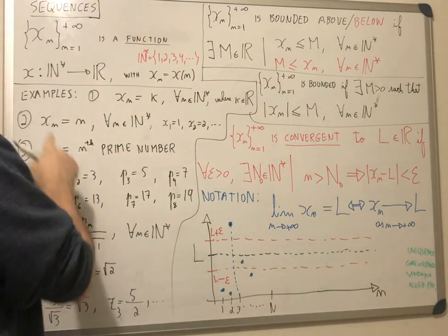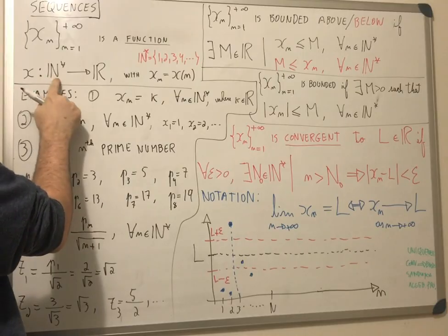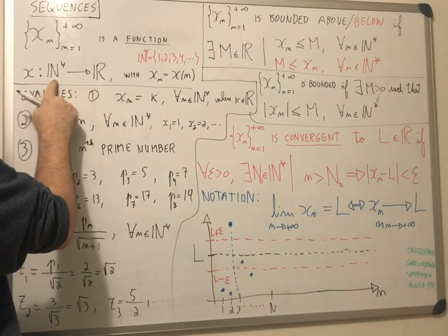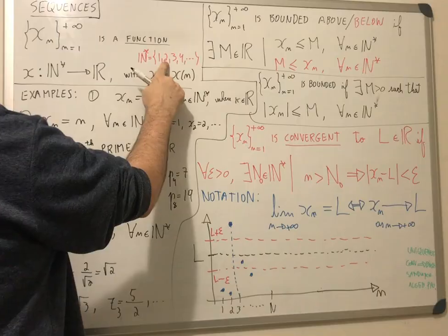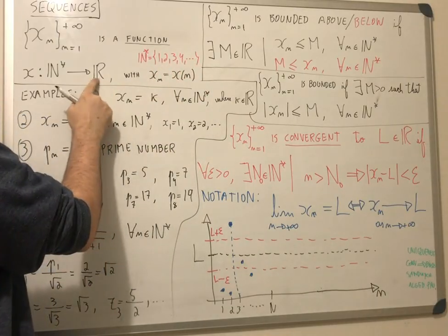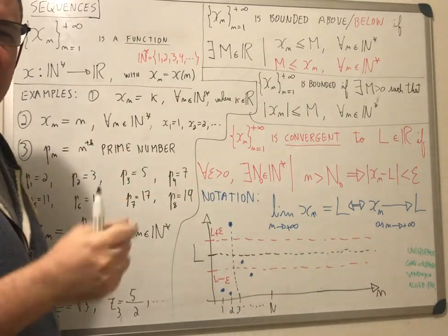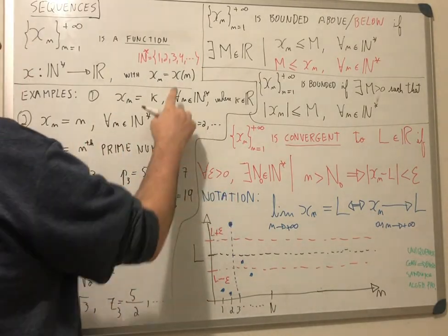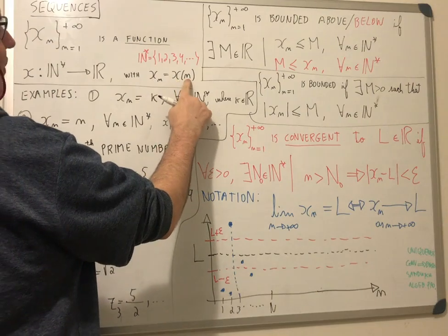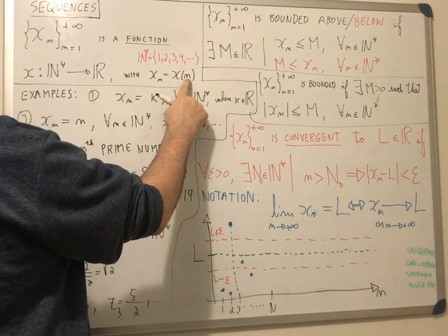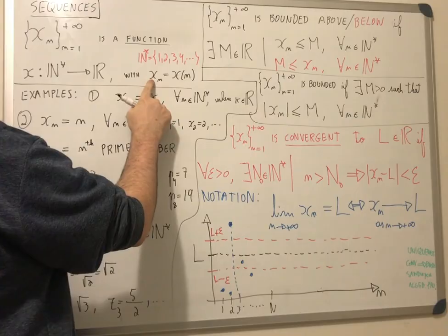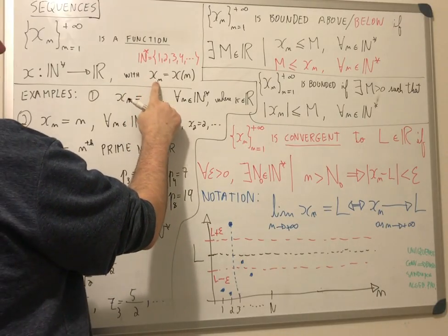So from the mathematical formal viewpoint, a sequence x_n, when n goes from 1 to infinity, is just a function x, whose domain N star is the set of positive integers, to the set of real numbers. It's just that we change the usual notation a little bit. The usual notation for a function would be x evaluated at n, and instead, when we talk about sequences, we use this notation.